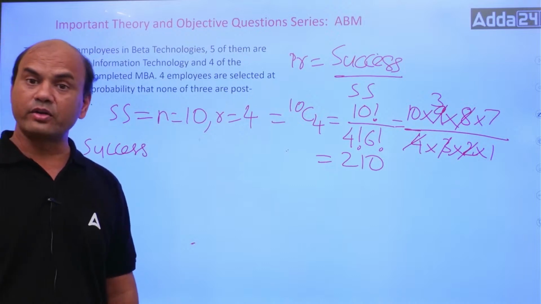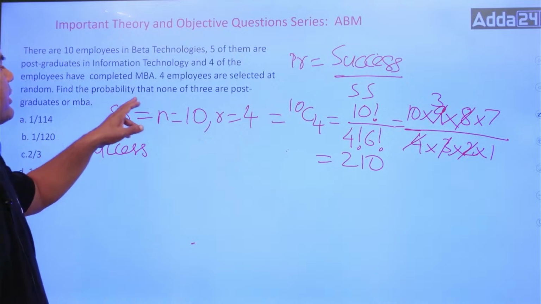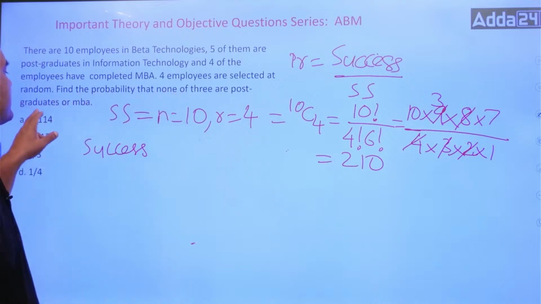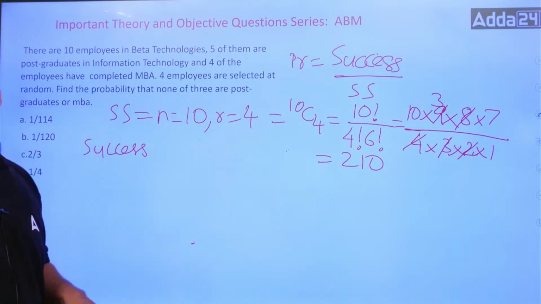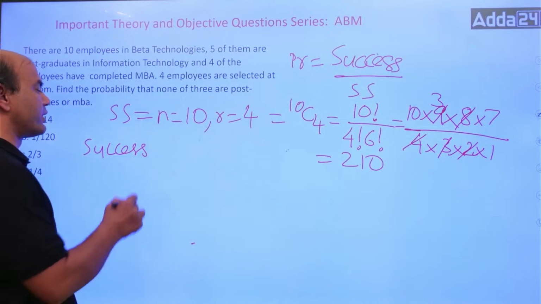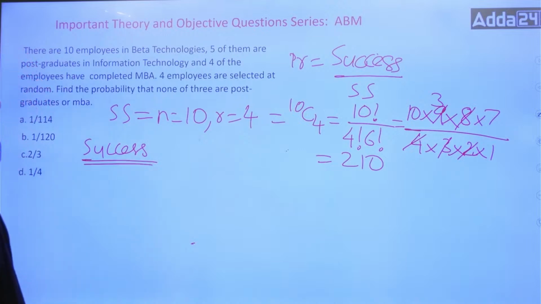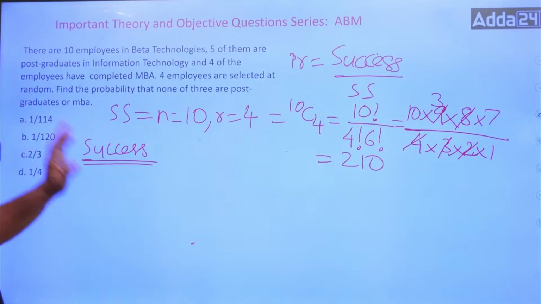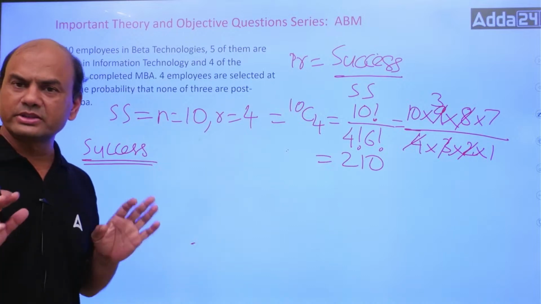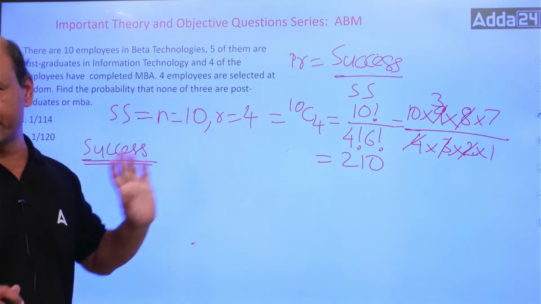Find the probability that none of the four are postgraduates or MBAs. They are not PGs and they are not MBAs. So what is the success for getting the PG? How do I select a PG? 5 of them are PGs and I have to select what? First, don't consider this negative part. Let's leave it for the end.